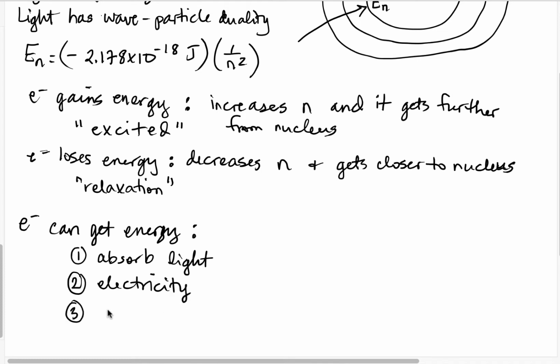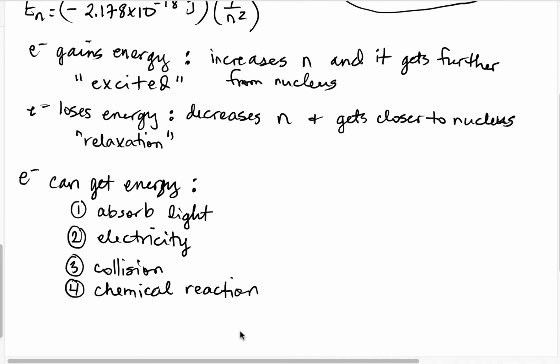They can get it from a collision with another molecule or atom, and from a chemical reaction. And this probably covers most of the different ways that electrons can get energy. Maybe there's some more, but those are the main ones that I can think of right now.